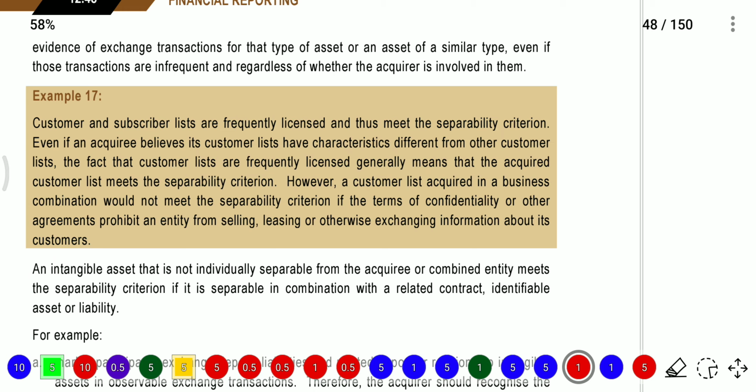So if you go into the market, you can get a customer list. And if customer lists are frequently licensed, it generally means that an acquired customer list meets the separability criterion.